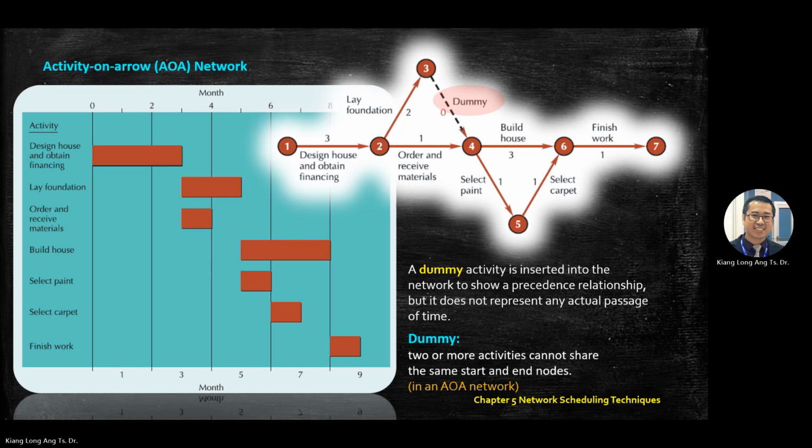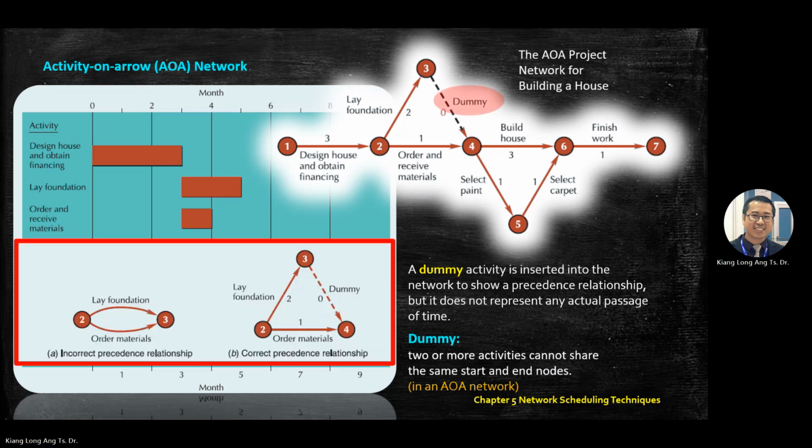Two or more activities cannot share the same start and end node, like what I drew on the whiteboard just now. Two arrows cannot go into 1. I mean, it cannot split and then go into 1. But this is just a concept. I won't ask you this one. Okay, yes, go ahead.